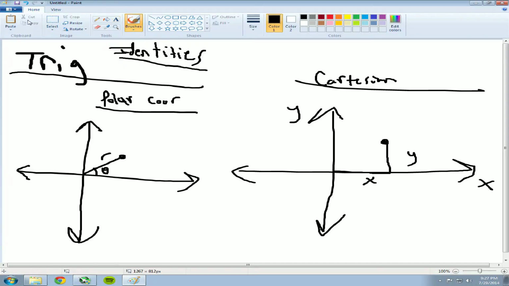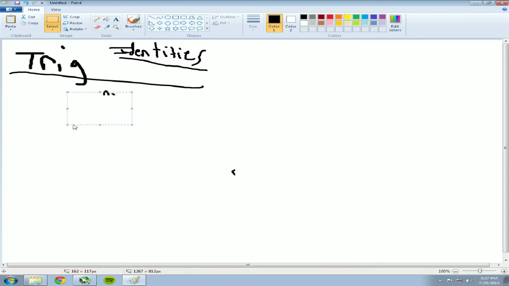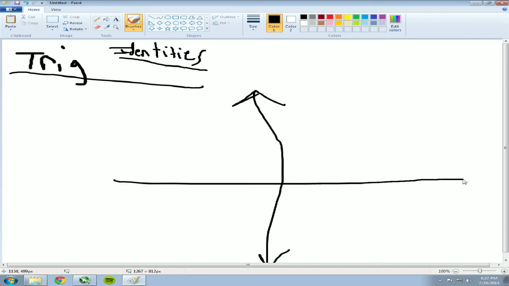So we're going to break down polar coordinates right now. We're going to combine our polar and Cartesian coordinates. I don't know why I always put a wiggle in the middle of all my lines.